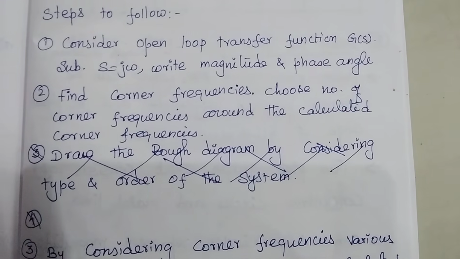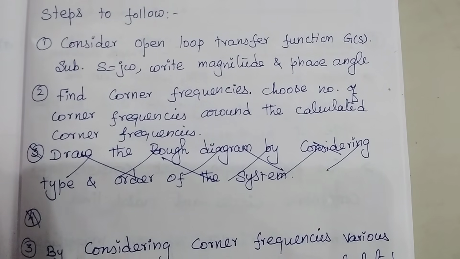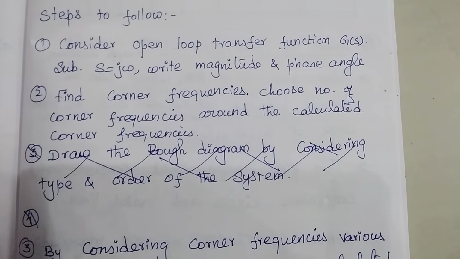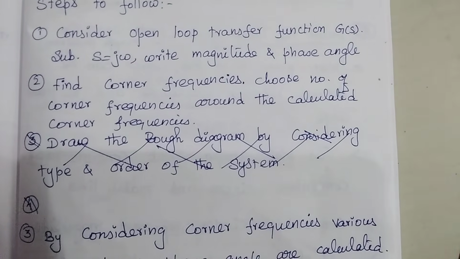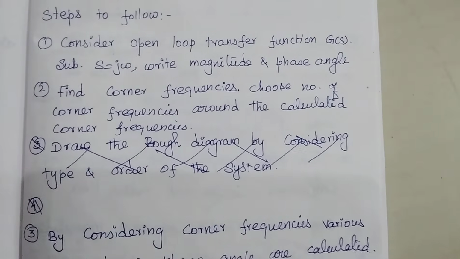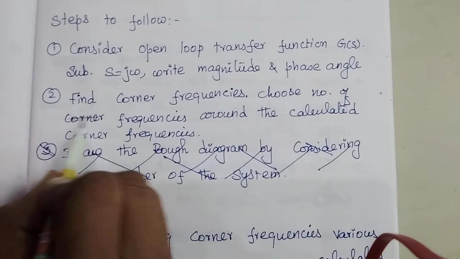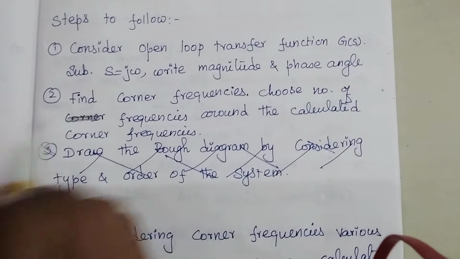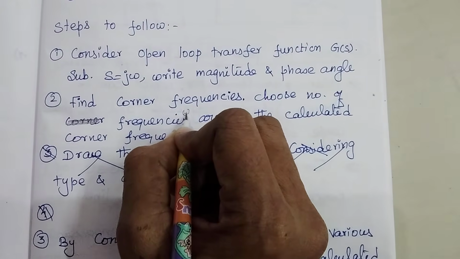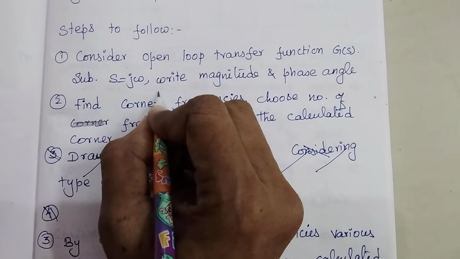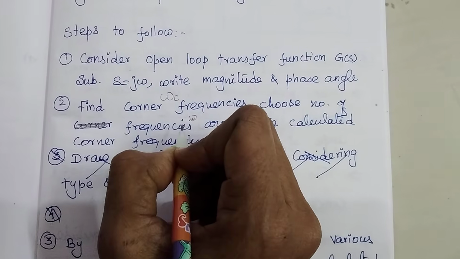Then during the second step, find the corner frequency and choose a number of frequencies omega around the calculated corner frequency. Corner frequencies are represented as omega suffix c.